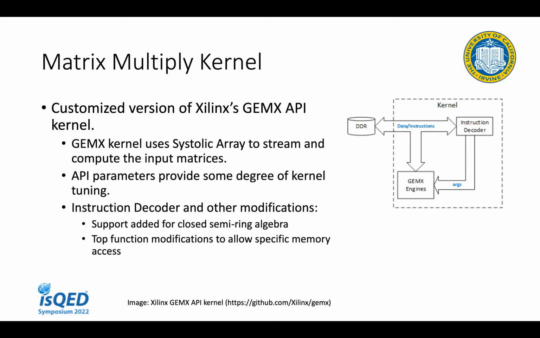To adapt this kernel to our own algorithm, we have to make some changes, such as eliminating the instruction encoder and integrating the GEMX engine straight into our algorithm, and also modifying the algebra to perform the correct operations.